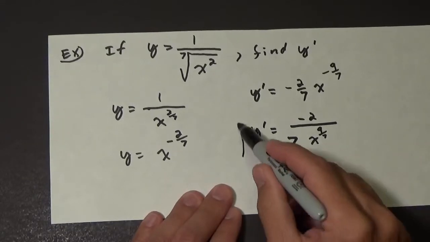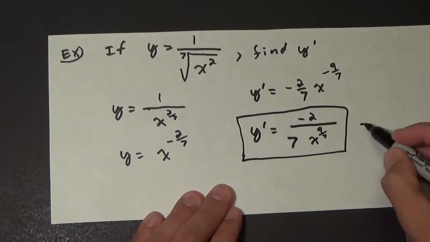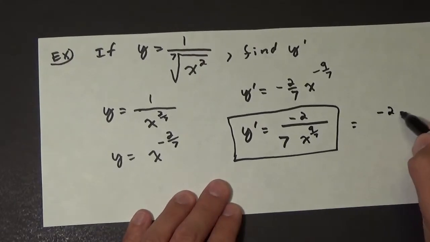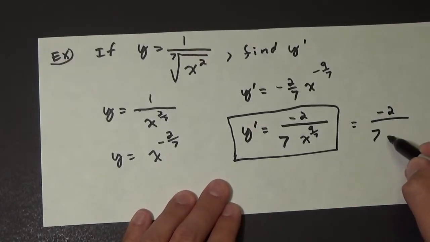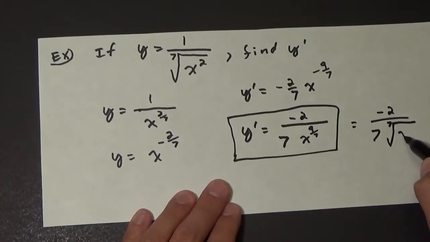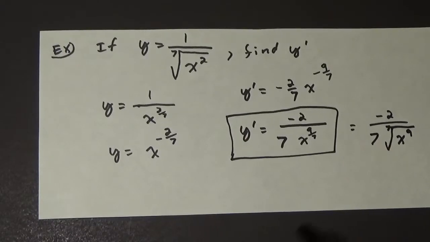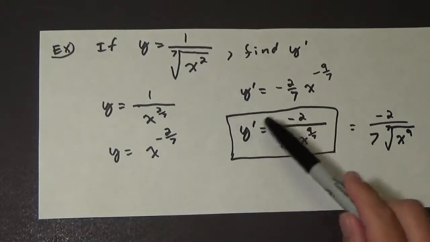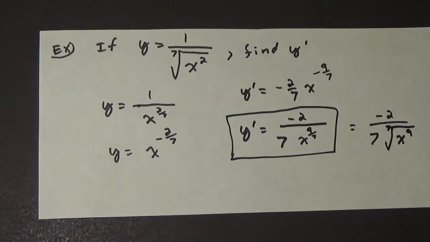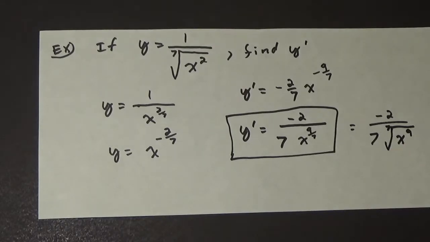Now, if you did want to write it as negative 2 all over 7 times the 7th root of x to the 9th power, that's okay too. But a lot of times once we take a radical and put it as a rational exponent, we tend to keep it that way. Because once we get the derivative, a lot of times we're going to use it for something, and it's easier to work with the rational exponents.